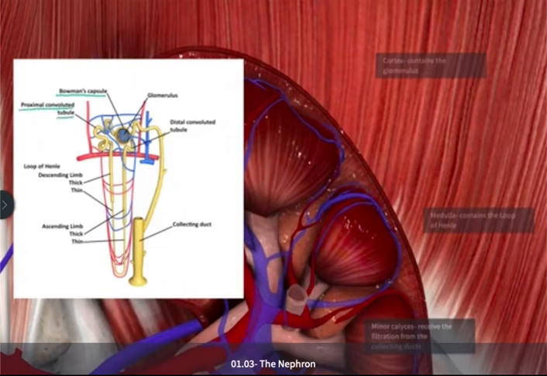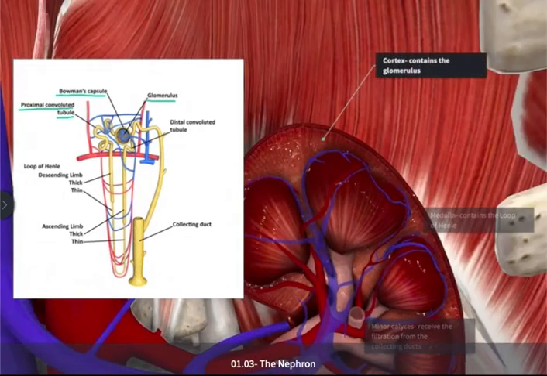So now we get into a tube system that is going to take that filtrate, and it is now going to have different levels of absorption to pull out specific ions or water along the rest of this path. So the Bowman's capsule surrounding the glomerulus and the proximal convoluted tubule are going to be located within the cortex of the kidney.